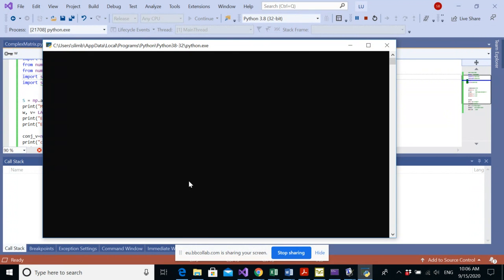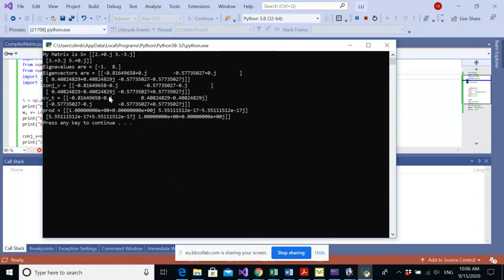It takes a little bit of time. So these are the eigenvalues, as you can see, -1 and 8, and you see how the matrix is displayed. And these are the eigenvectors that are generated. The first one is minus 0.816 plus 0j, and minus 0.577 plus 0j.